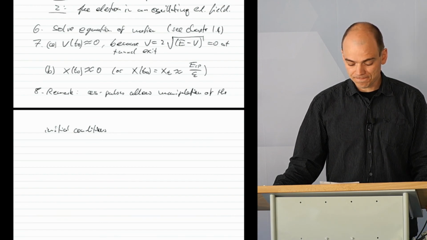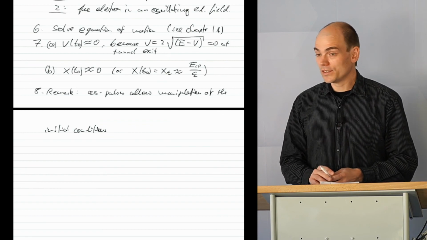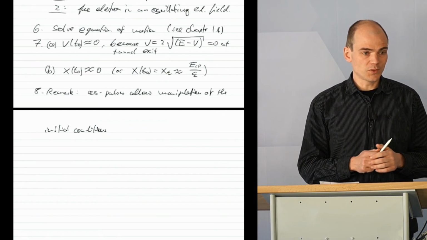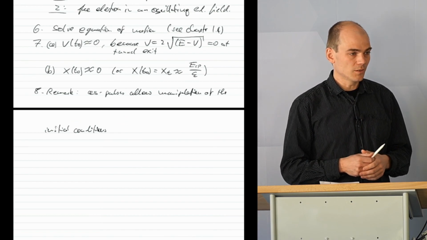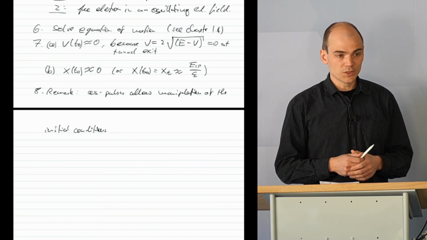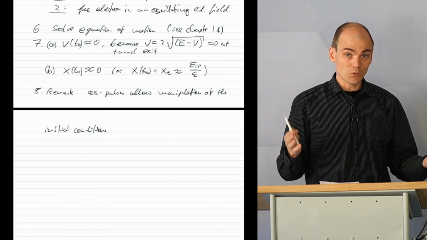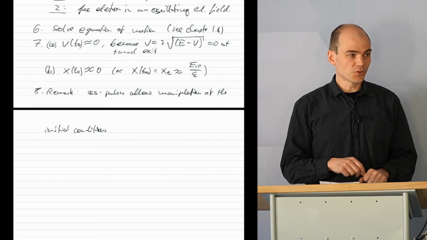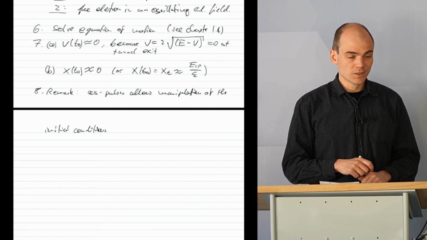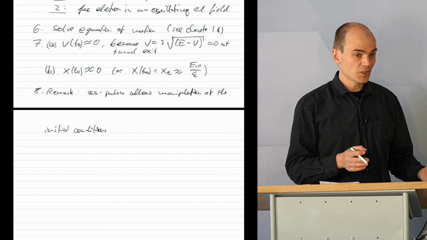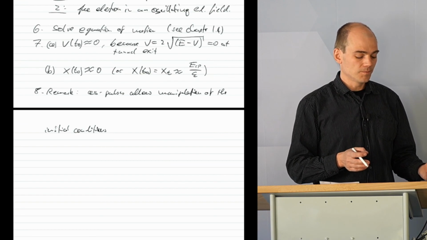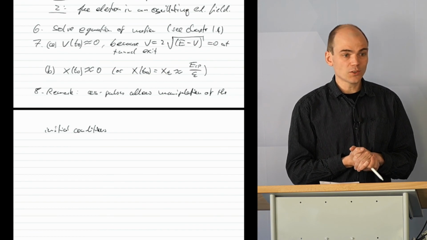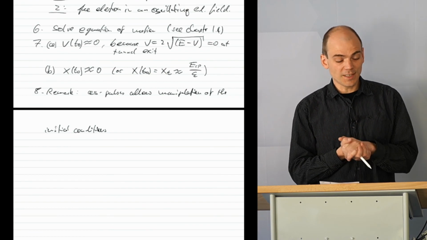Another remark: what is the purpose of this classical model? A more rigorous approach would be to solve the time-dependent Schrödinger equation. We already solved the time-independent Schrödinger equation to find the ground state of the hydrogen atom and also the excited states.